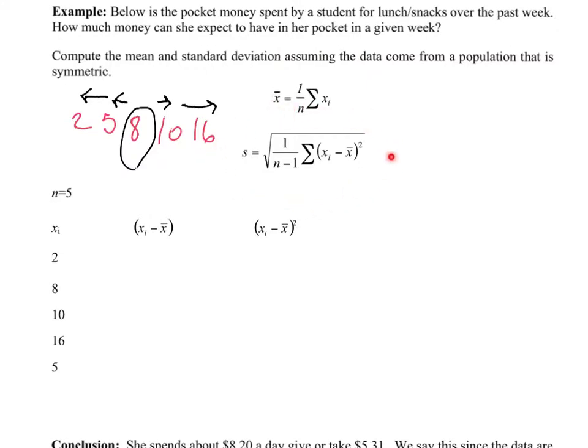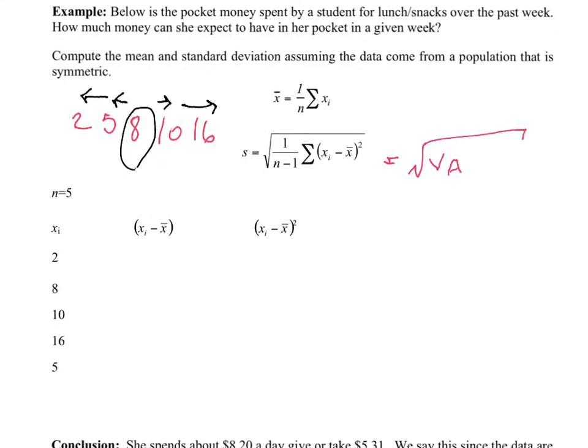Okay, so we're going to break down this formula so you never forget it. This is my goal. What is the standard deviation? The standard deviation is the square root of this thing. Inside here, this is called the variance. So let me write that down. This is equal to the square root of the variance.